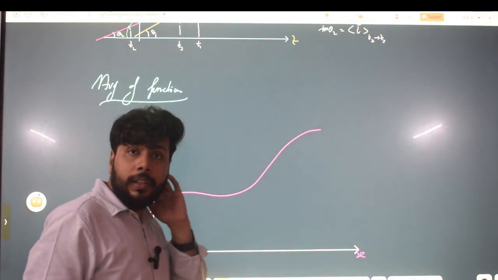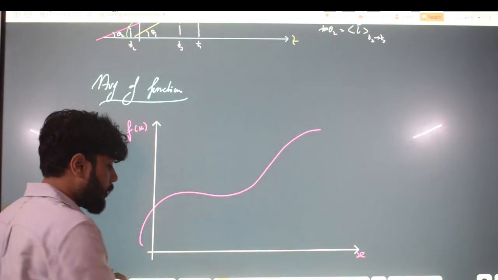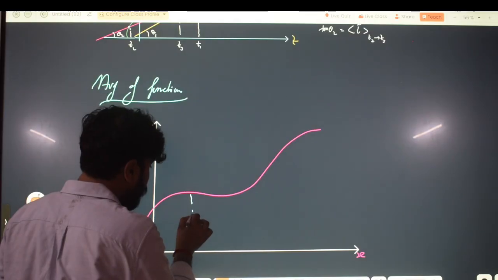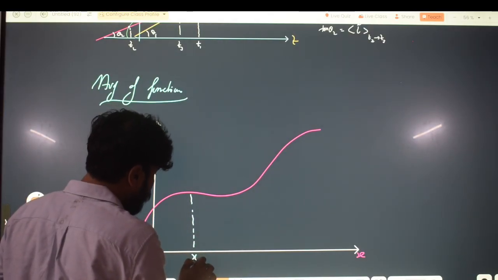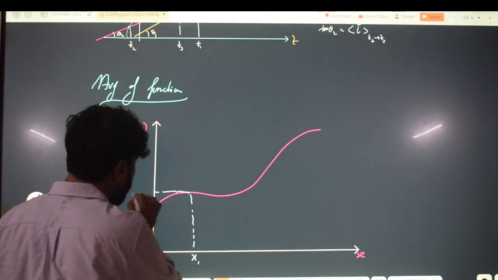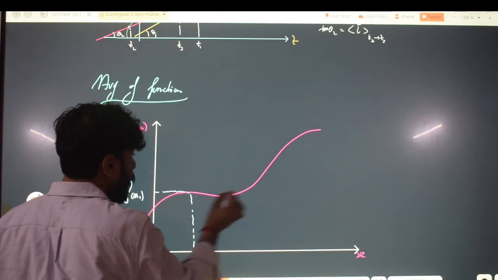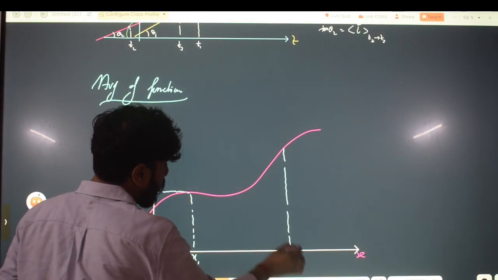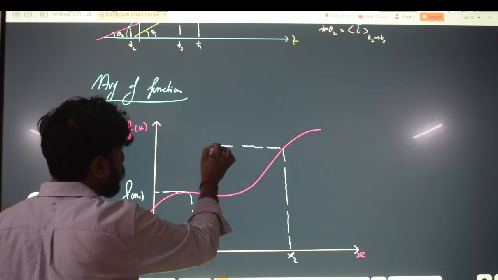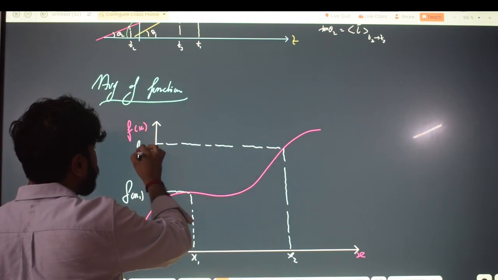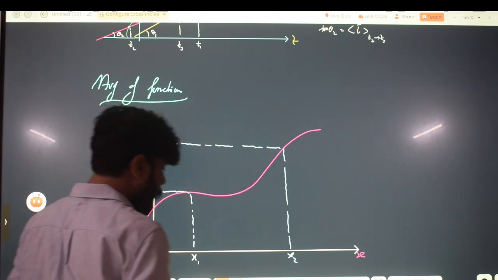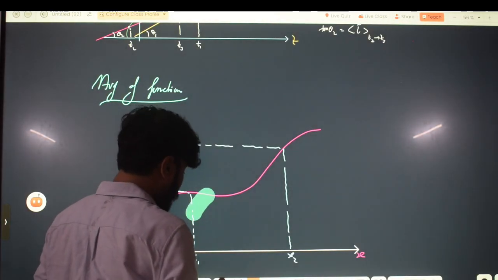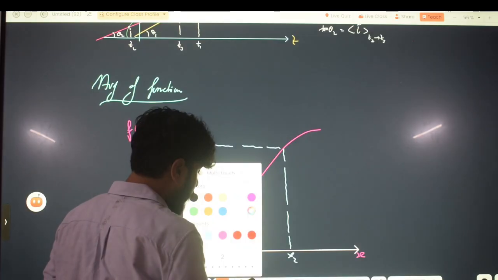Whenever you are finding the average, you must find it between 2 points. That's how you find the average. Let's say the 2 points are x1, where the function is f(x1), and the other point is x2, and this is f(x2).